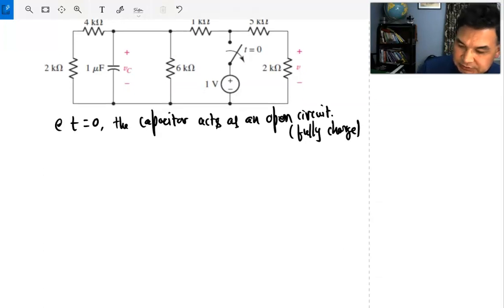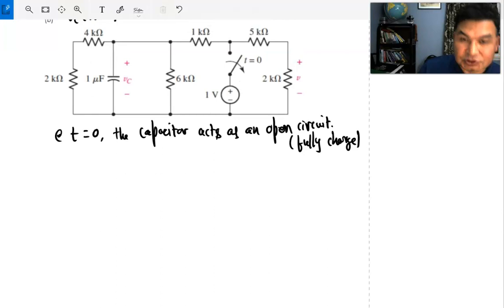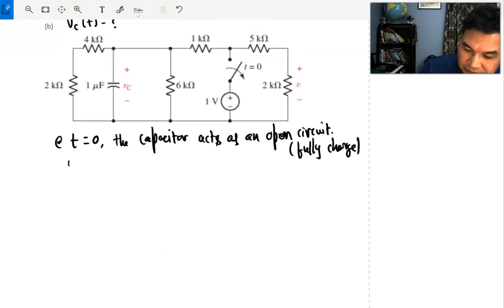So then we can draw an equivalent circuit to find VC at t equal to 0, because this is the initial condition. We're going to need it to find the unknown constant once you solve the differential equation.